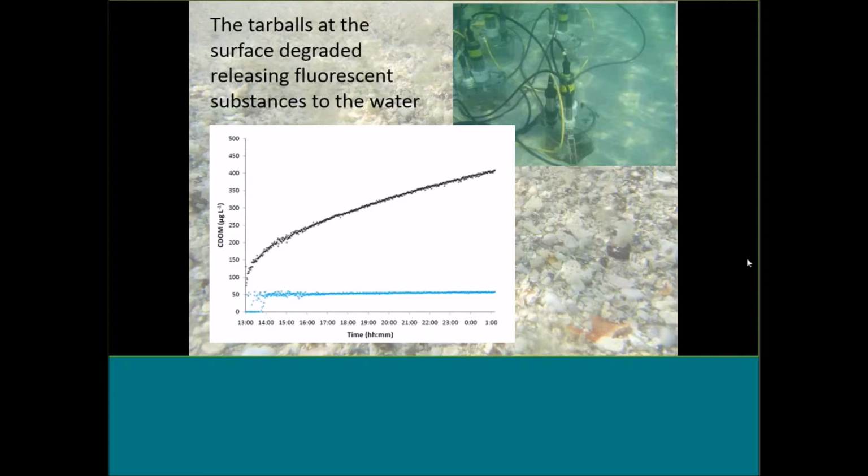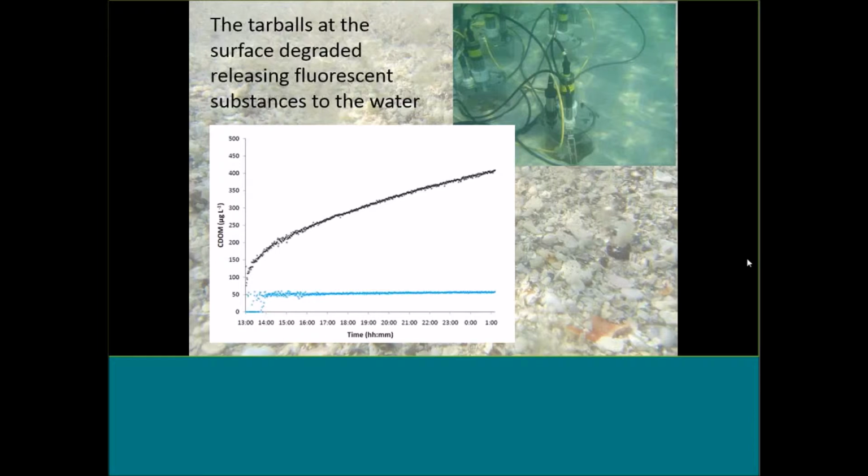So what you see here, where you have the tar balls, is the release of these dissolved organic carbon molecules to the water column. And that is the control, and you can get your own idea on what is causing this increase. So the tar balls release some stuff to the water column, which is aromatics.